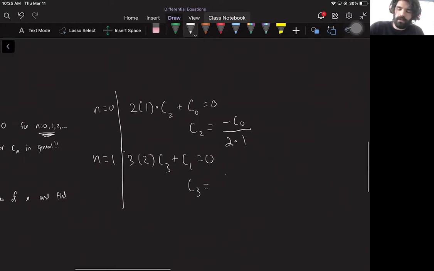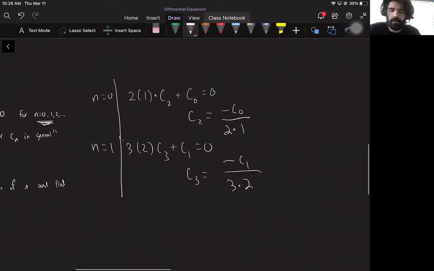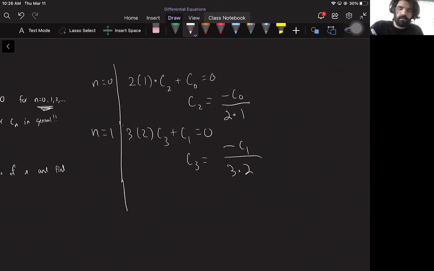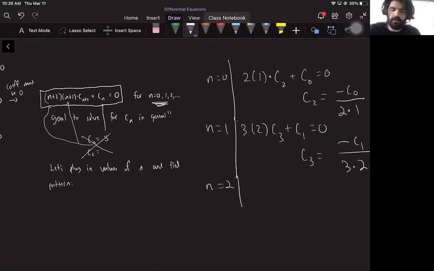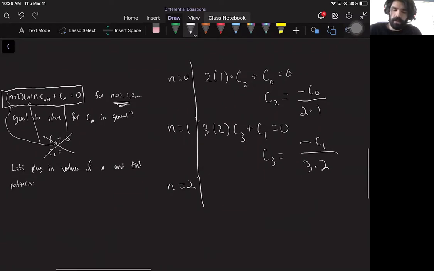So if I subtract the C1 over and divide by 3 times 2, then I solve for C3 in terms of C1. This is called a recurrence relation, this thing that we figured out here, because I'm figuring out future terms in terms of previous terms.